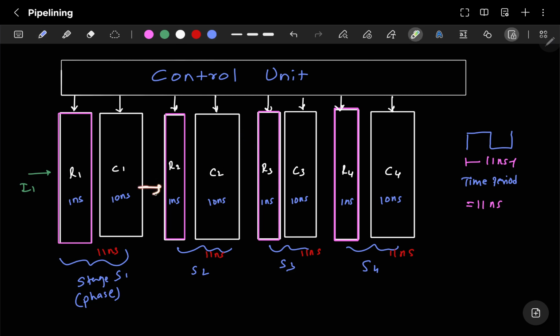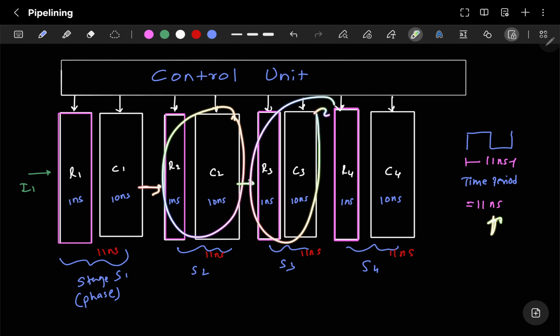Then after coming here, again it will process for 11 nanoseconds, and exactly at 11 nanoseconds the clock will be triggered and the data will be passed to the next phase. And here also the data will be processed for 11 nanoseconds, and exactly at 11 nanoseconds this clock will be triggered and the data will move to the next phase, right? And here also the same thing.